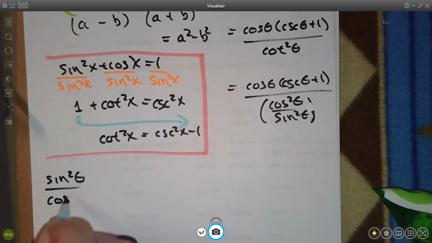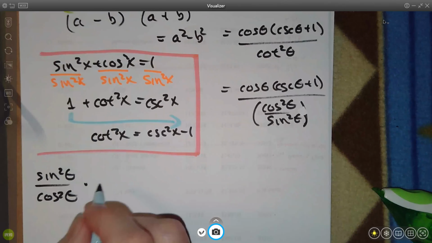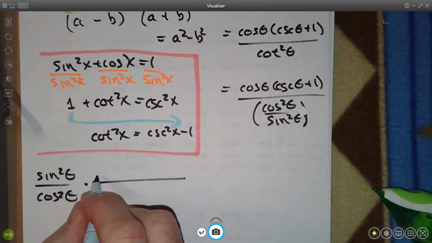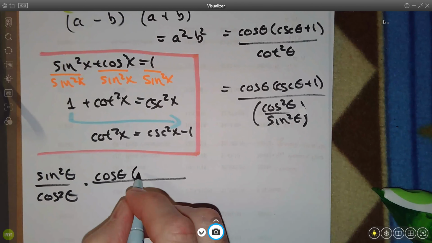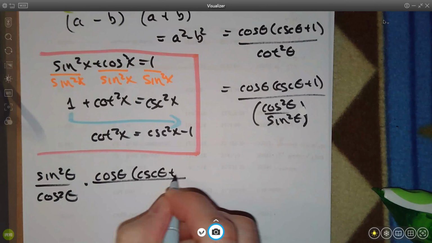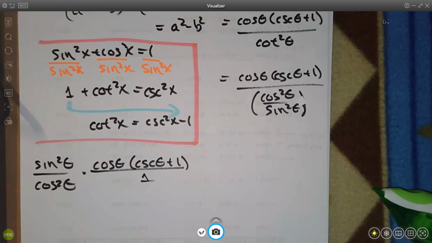So that's the reciprocal of the denominator times the numerator, which is your cosine of theta times cosecant of theta plus 1. I'll write it over 1 just to have kind of a fraction there. And this is going to work out nicer because now I can see some cancellation.